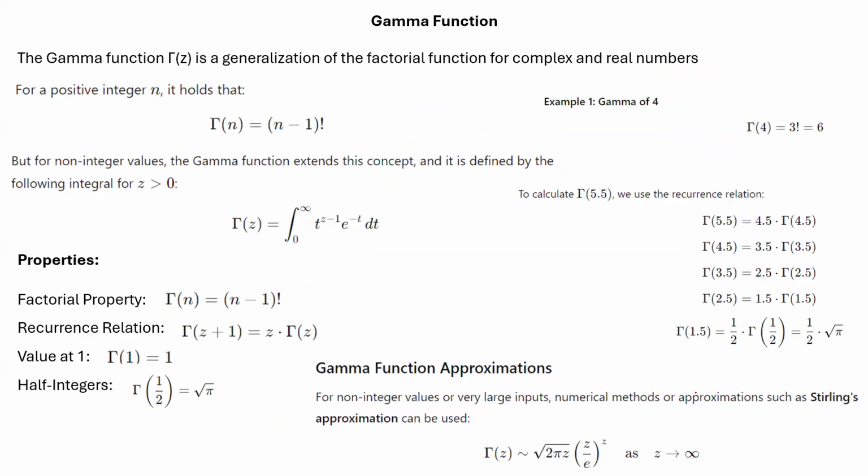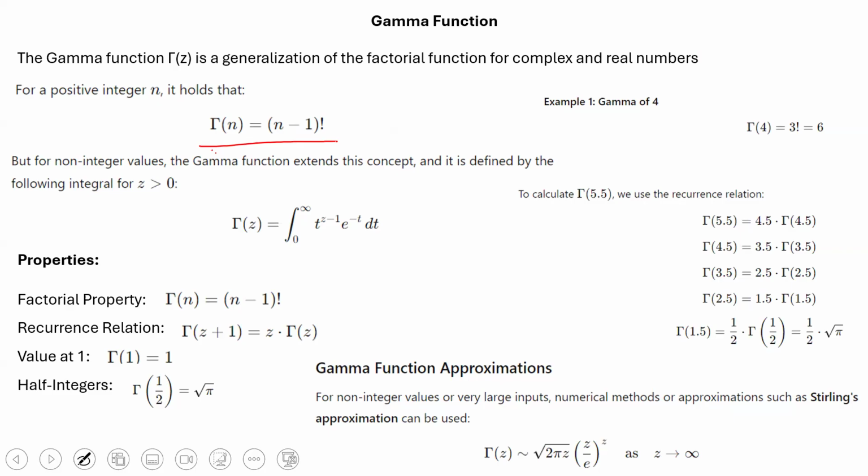And if you go to the next thing, we just have to understand what a gamma function is, because to derive the next things, we have to understand what a gamma function is. The gamma function is a generalization of the factorial function for complex and real numbers. Gamma of n is equal to (n minus 1) factorial.